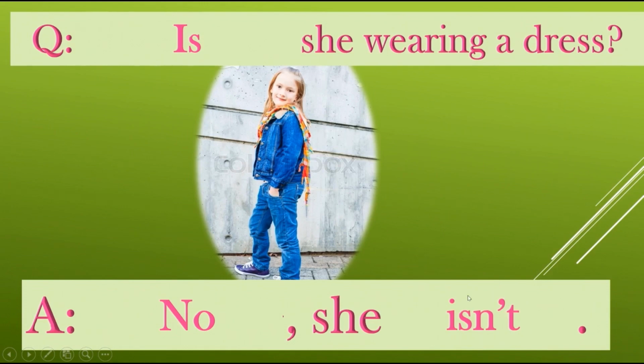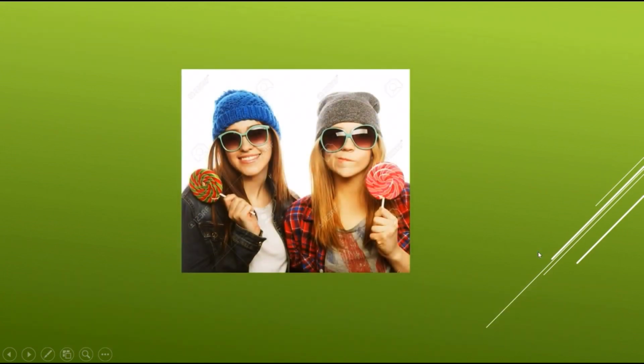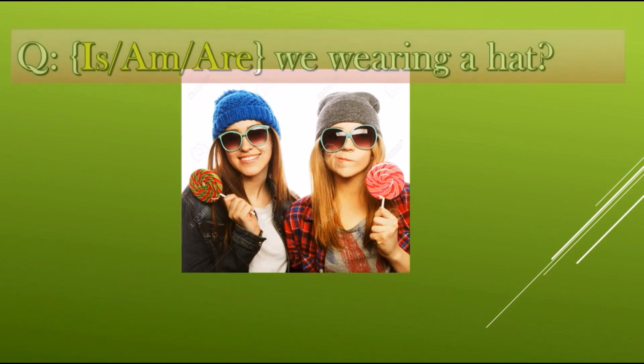So the answer here is isn't. No, she isn't. Understand? So, a no answer goes with a negative verb to be. Okay, everybody read. Is she wearing a dress? No, she isn't.